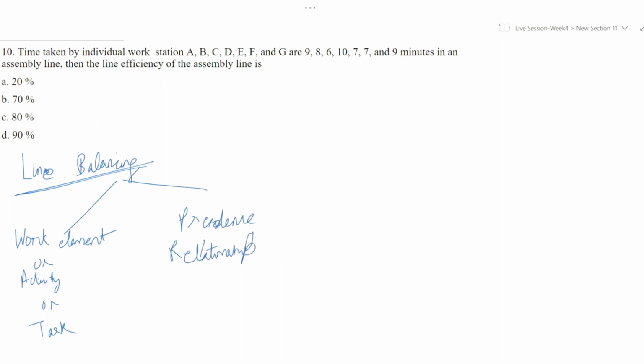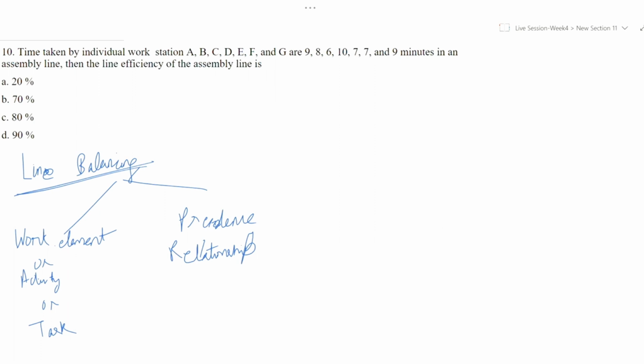Okay. So our objective is, we are sometimes given the cycle time and we need to find the minimum number of workstations required, and sometimes we are given the number of workstations and we need to find out the cycle time. So here these are the basic terms.